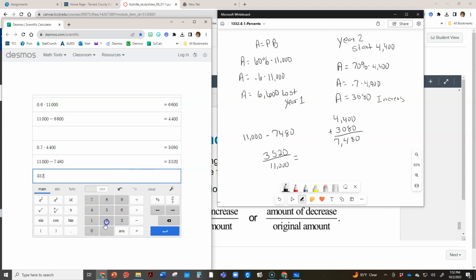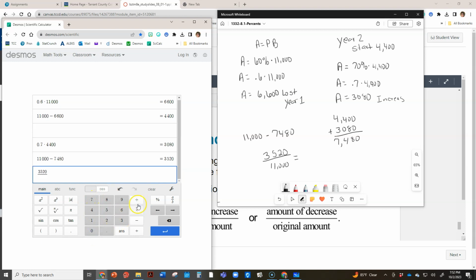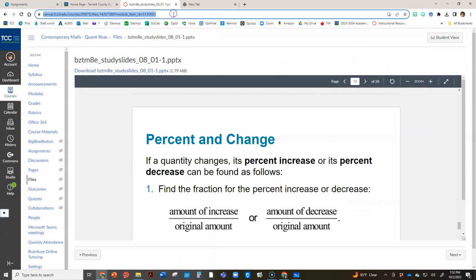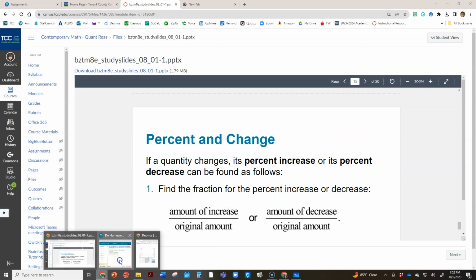So 3,520 on top divided by 11,000 on bottom. And then, of course, multiply that times 100 so you can get a percentage. It originally said 0.32, which is 32%. So we have a 32% loss.